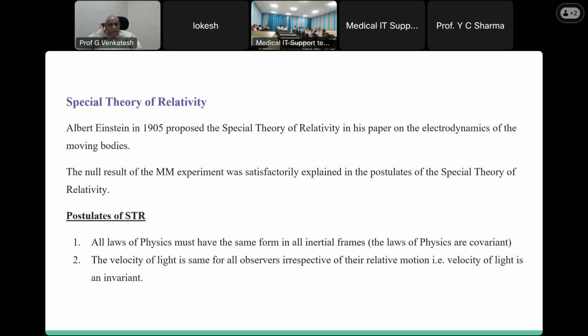He called them, the laws of physics, covariant. And also, he said that the velocity of light is the same for all observers, irrespective of the relative motion. That is, the velocity of light is invariant. So the two postulates can be simply stated like this. Laws of physics are covariant, velocity of light is an invariant. These are the two simple laws.